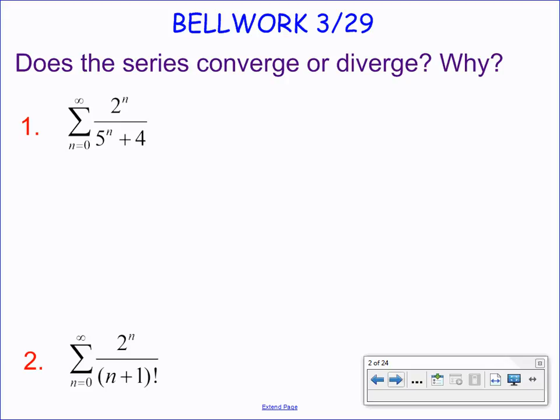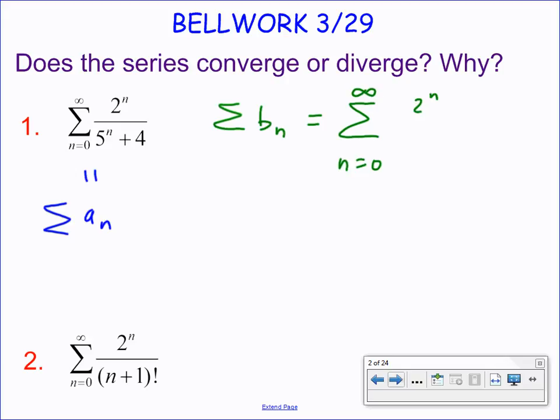In order to do that, though, let's let this equal series A, the sum of a sub n, and then let's compare it with series B. Let series B be the sum from n equals 0 to infinity of 2 to the n over 5 to the n.